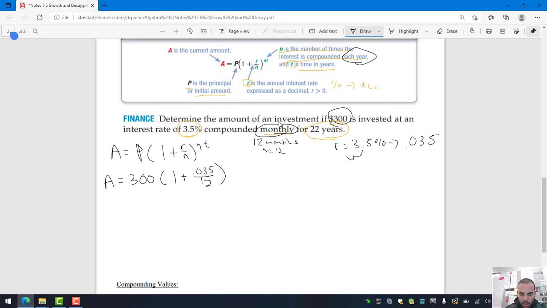This number down here should always be the exact same as this number up here. So it should be 12 times t, and we want this to represent any amount of time, so we'll just leave that variable as t right now.